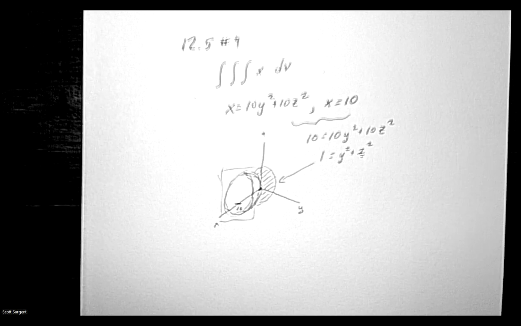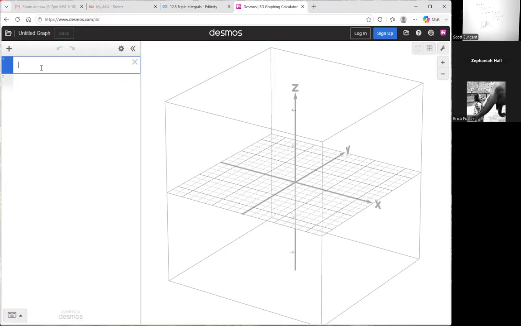I'd like to take a moment here and do this on Desmos because I think it's kind of fun. I'll come back to this, of course. Let me get Desmos going, and I'll share the screen. If you go to the 3D Desmos, I'm going to type in x equals 10y squared plus 10z squared.